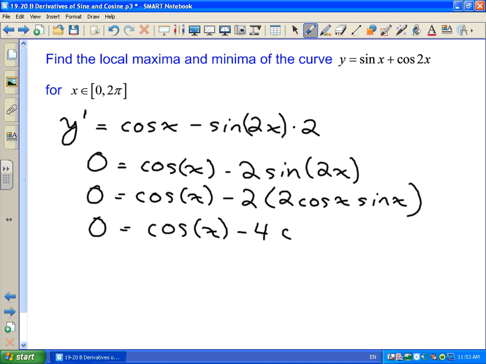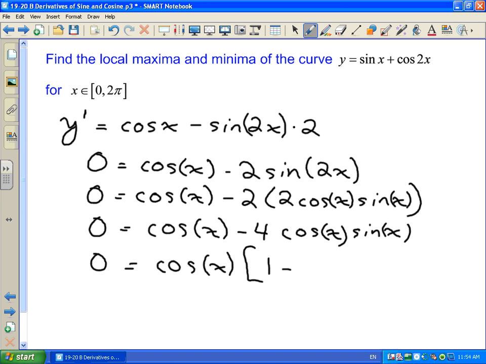So we've got 4 cos x sine x. Now what should we do? Yeah, we can factor out the cosine, which gives us 1 minus 4 sine x.